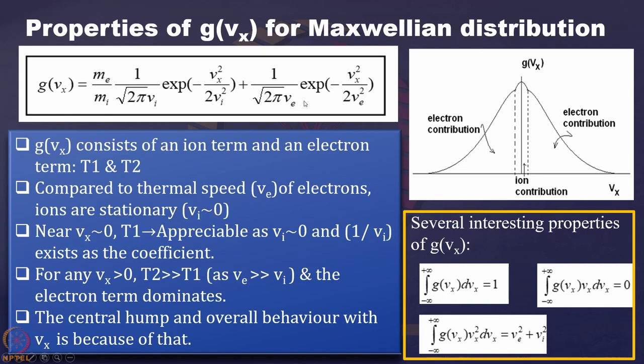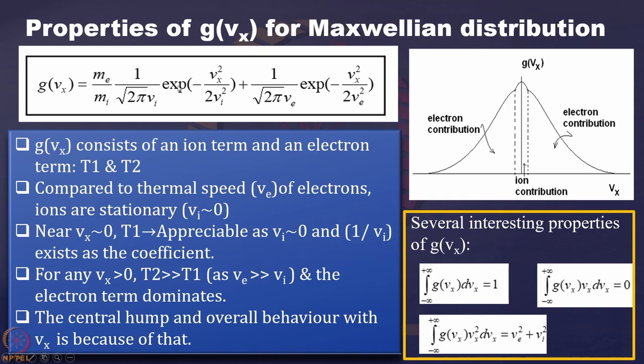Although Vi is small, it can be a large quantity, but it is multiplied by a factor Me by Mi, which, if you consider only protons, is a 1 by 1876 kind of factor, so this will be appreciable, but not very large.